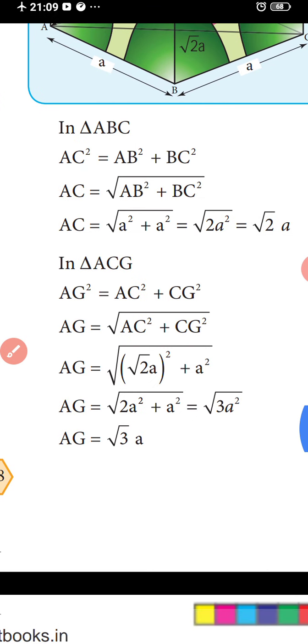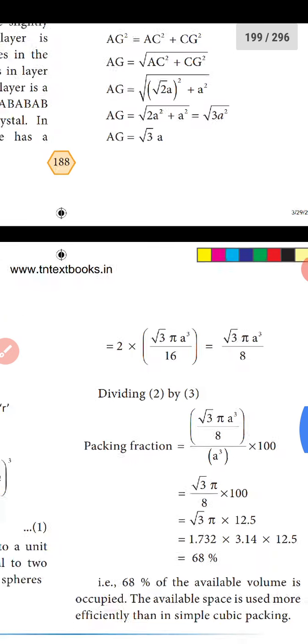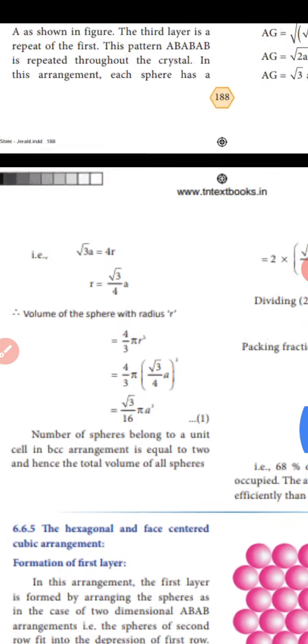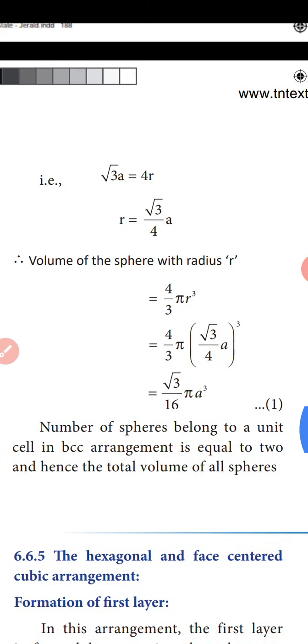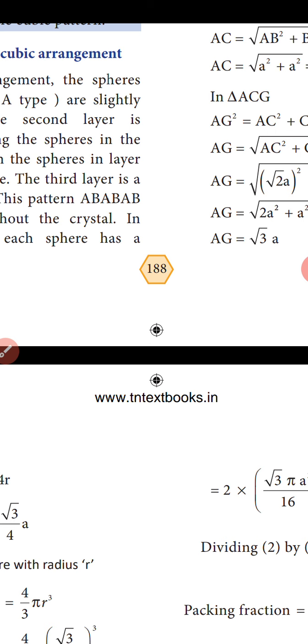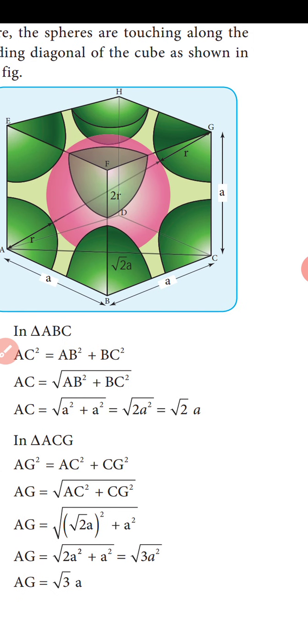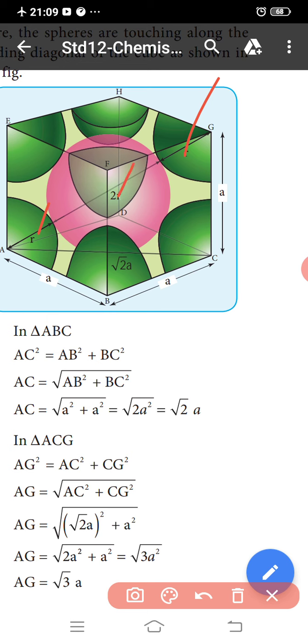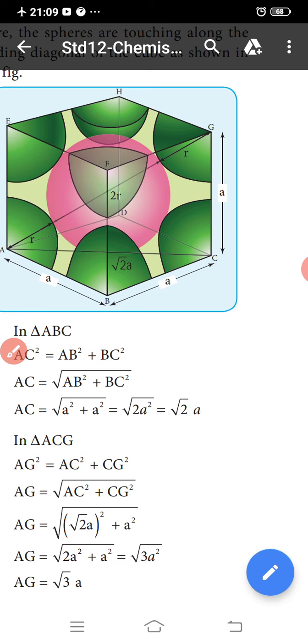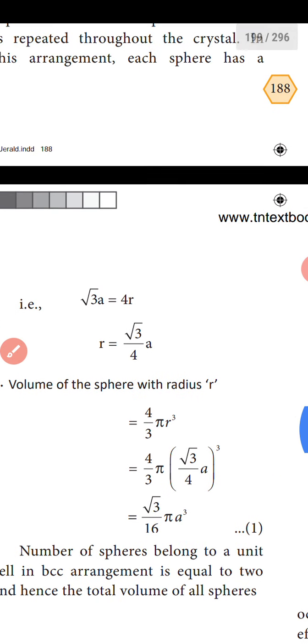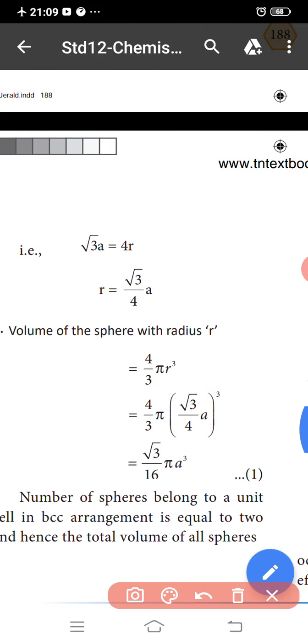So substituting, AG is equal to root 3 A. Applying the formula for the 4R value, root 3 A is equal to 4R.